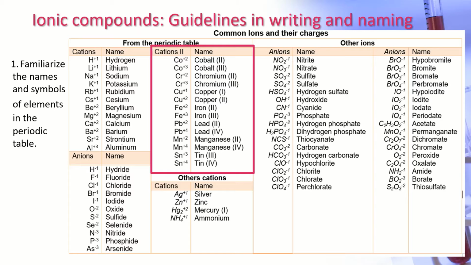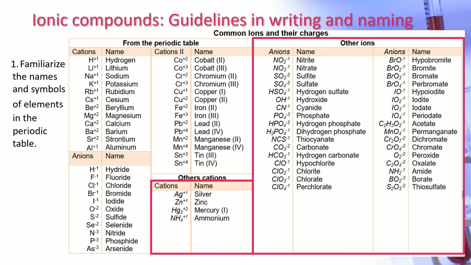These are also the same for transition metals like chromium, copper, iron, lead, manganese, tin, and so with other transition elements. Take note also of other cations like silver, zinc, mercurous, mercuric, and ammonium.